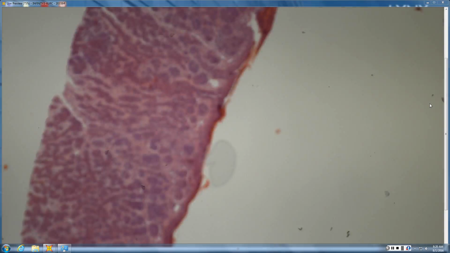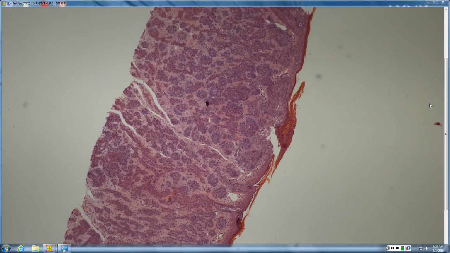I'm sorry, say it again. So do all of those spaces look pretty clear? I didn't see anything that looked amphophilic in the spaces, but a mucicarmine stain would probably be very reasonable to do, just to be sure that that's not what you're dealing with. Okay.